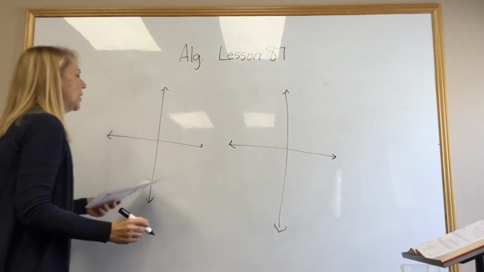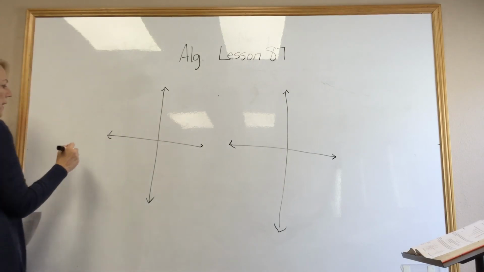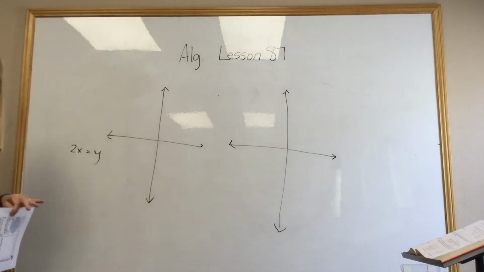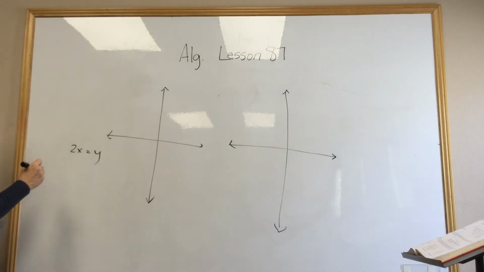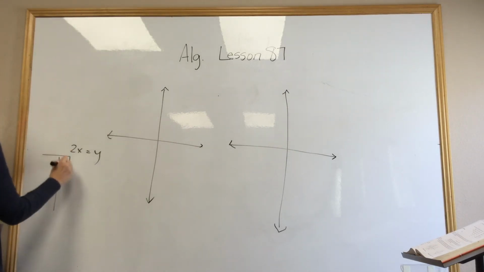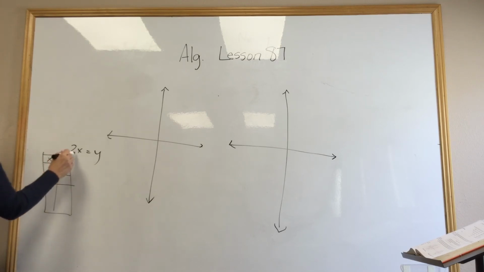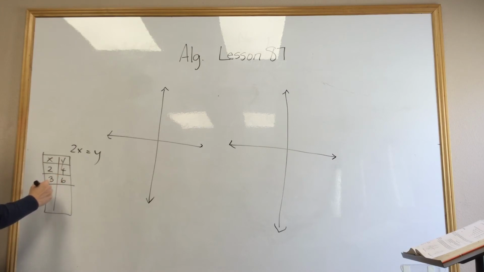All right, so let's say I have a function 2x equals y, okay? And here's my function box, x and y. So if x is 2, y is 4. If x is 3, y is 6. If x is 4, y is 8.